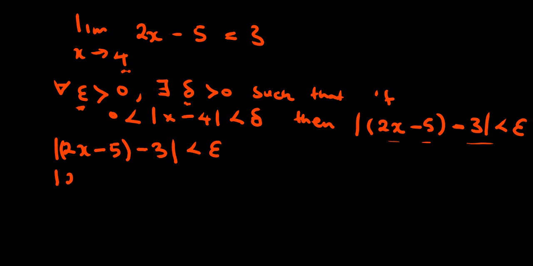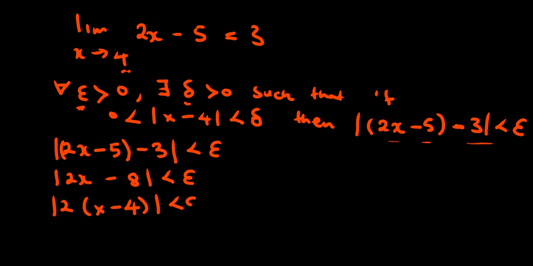I'll have 2x, and minus 5 minus 3, I get minus 8. This modulus less than epsilon. So now from there, I can factor out a 2, and I'll have x minus 4, just like that, less than epsilon.